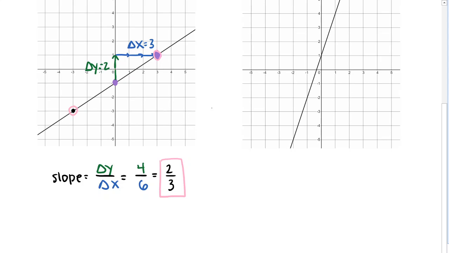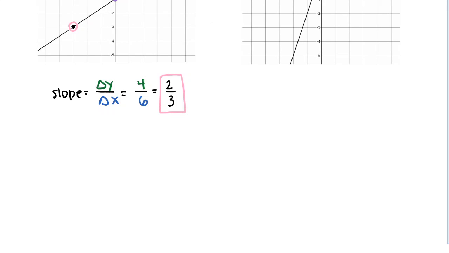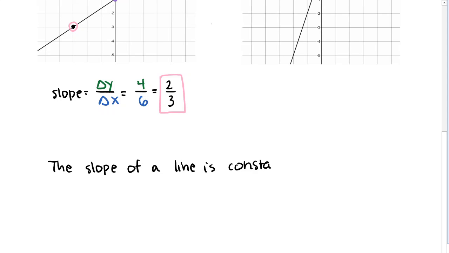And so this is just one key point that I'd like to bring up with these lines that we're finding the rate of change between 2 points, or the slope of. So the slope of a line is constant. And so here what this means is constant.